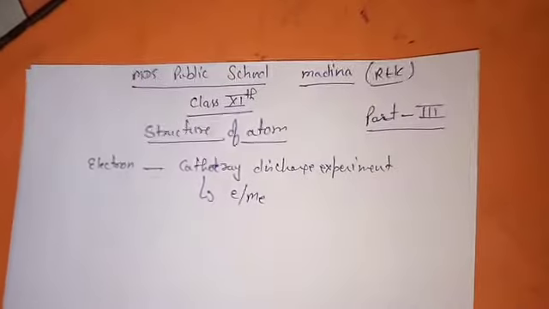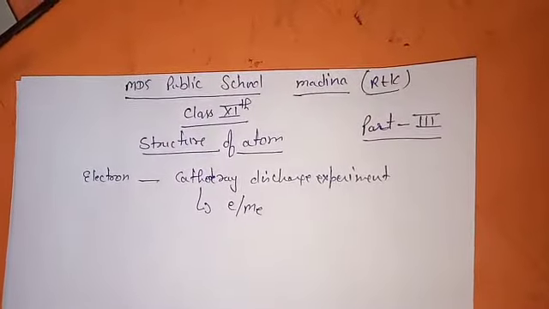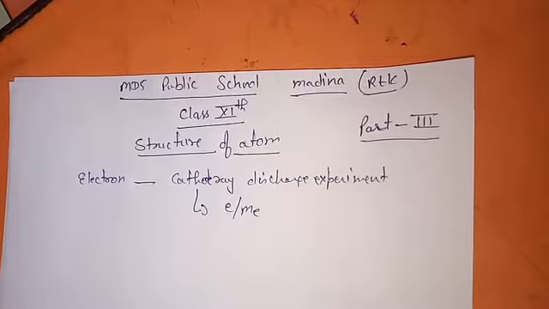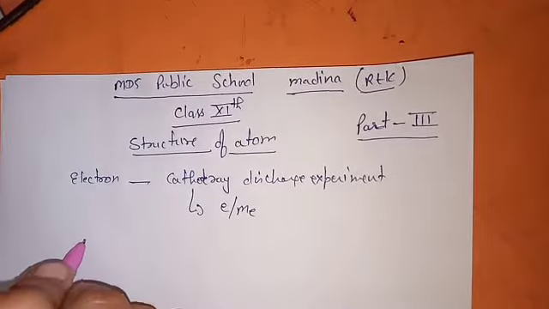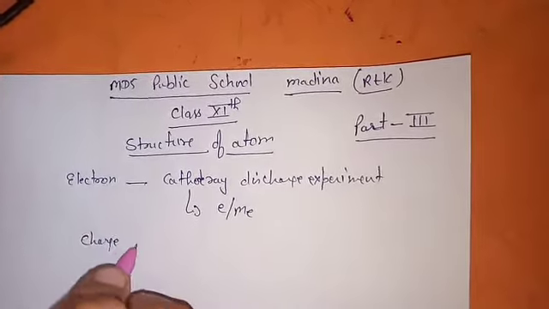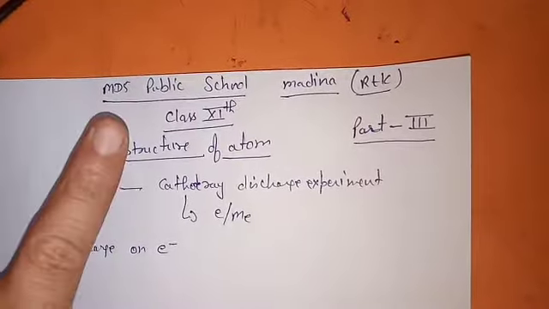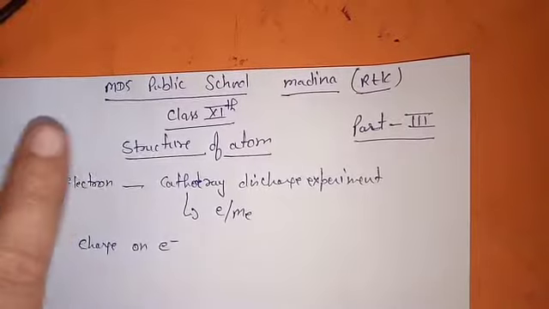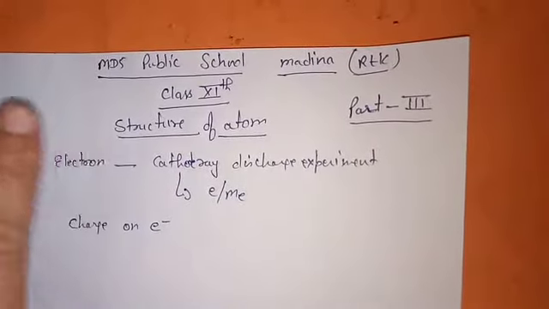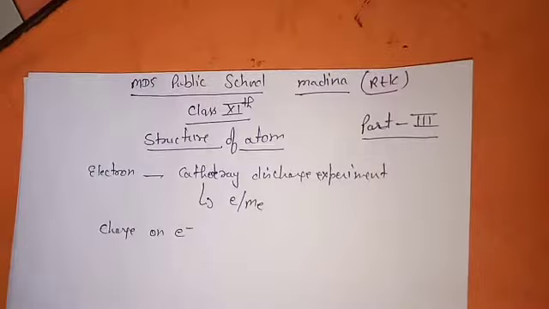Now, how do we calculate exactly the charge on the electron, or the charge of any other charged particle as well?